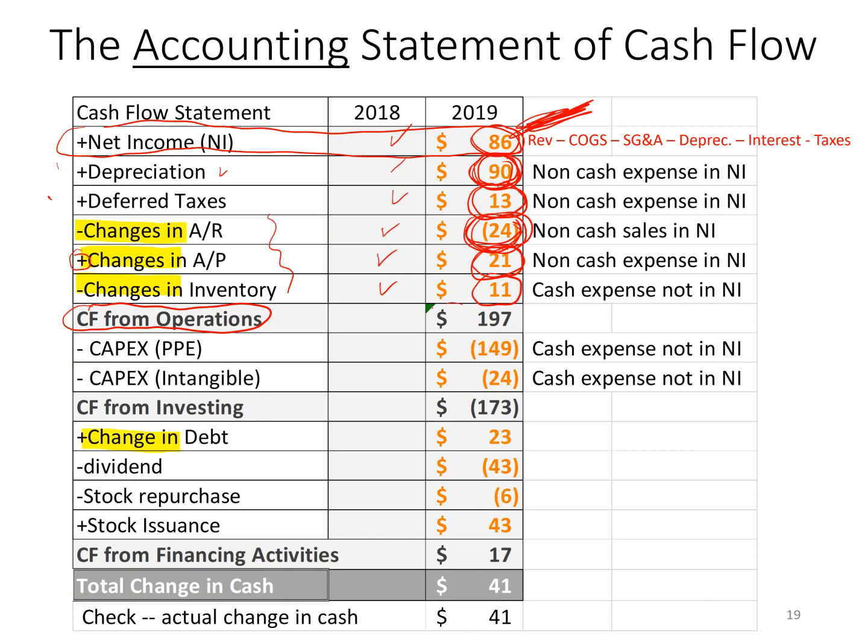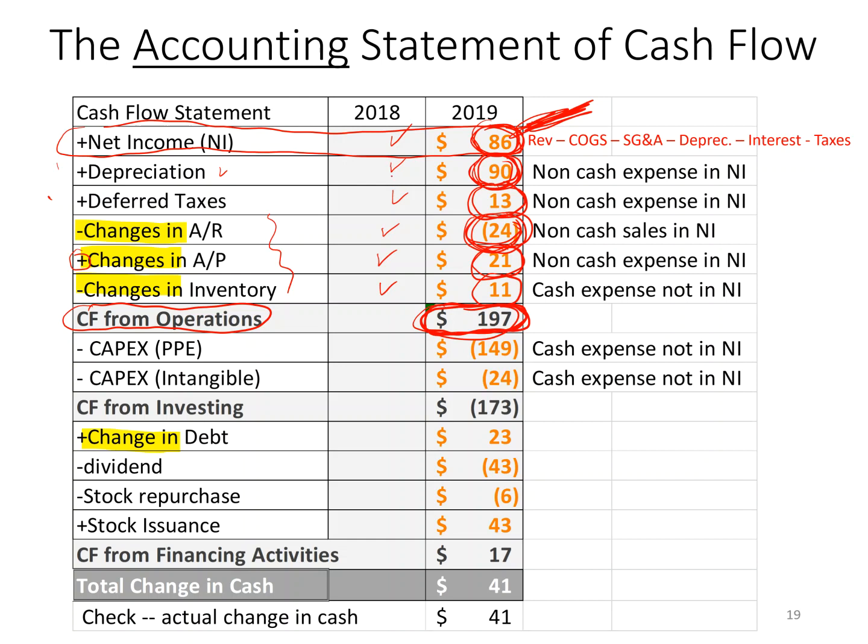So this organization, from just doing their normal operational business, generated $197 in cash that year. You can see it's a big difference in a corporation looking at cash flows from operations versus net profit. This company is reporting profit of $86, but it's actually generating $197 in cash.